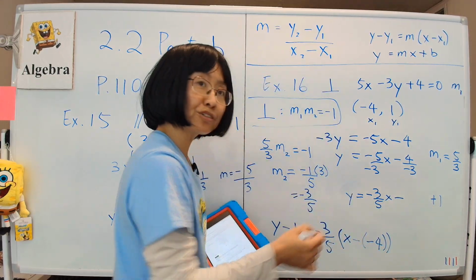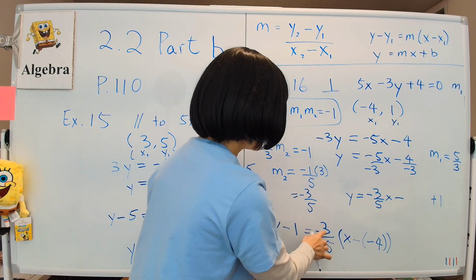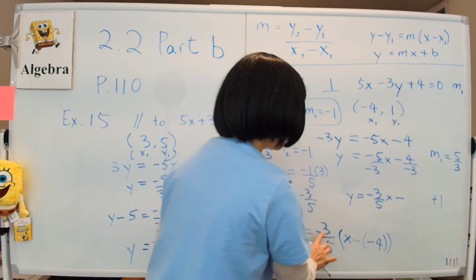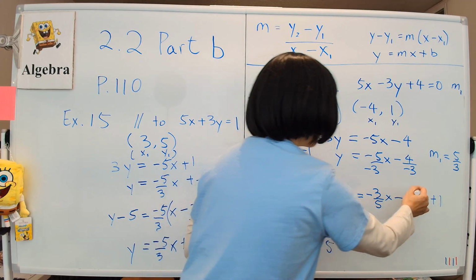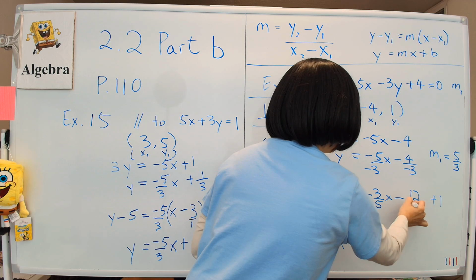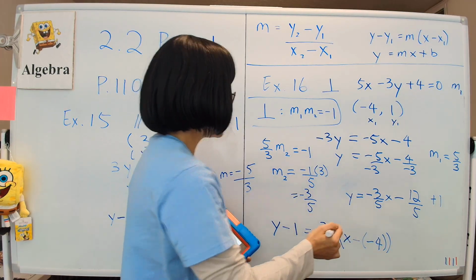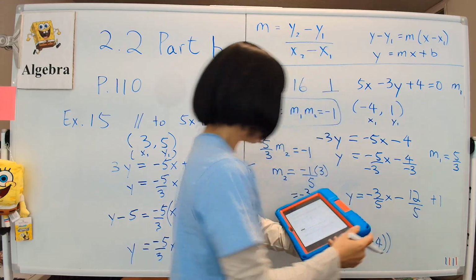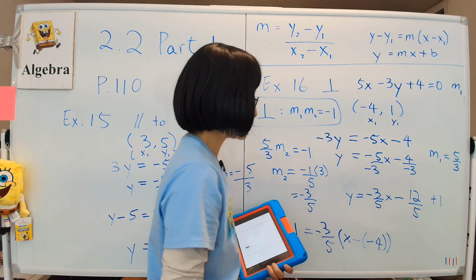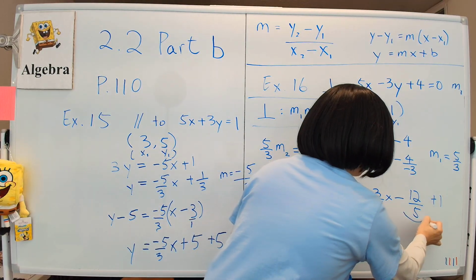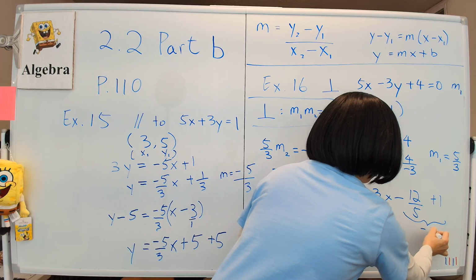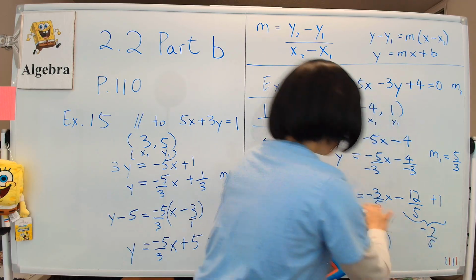Keep very careful track of the signs. To multiply a fraction by a number, you multiply 3 times 4, which is 12, divided by 5. Then +1, so that would be -7/5, I believe. And that will be the answer.